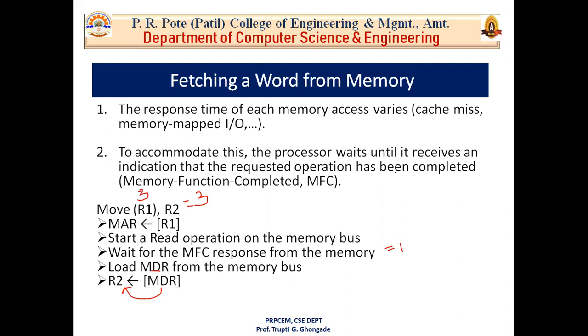That means the desired address is first loaded into the MAR register, then the data to be written is loaded into the MDR, and after that the write command is issued. So executing the instruction move, let's consider we have to transfer data from R1 to R2, requires this same sequence: first load the address into the MAR, then write data to that particular memory location.